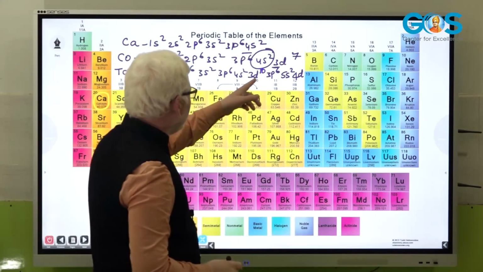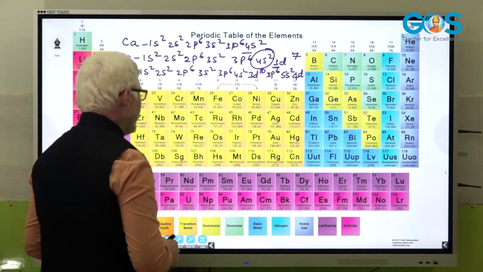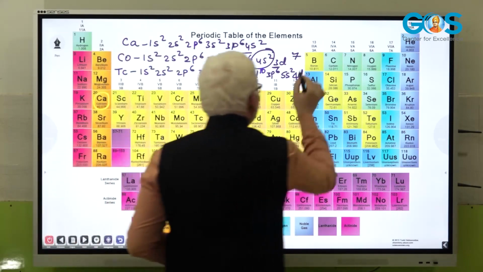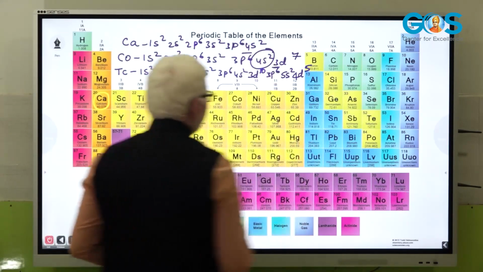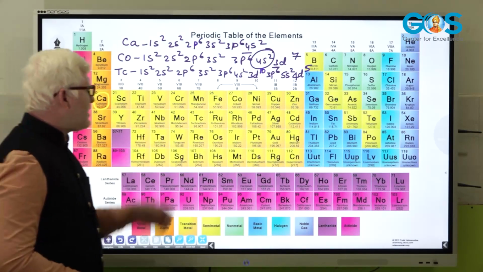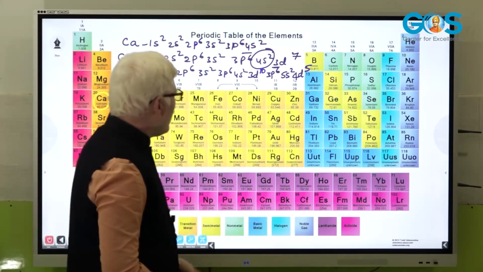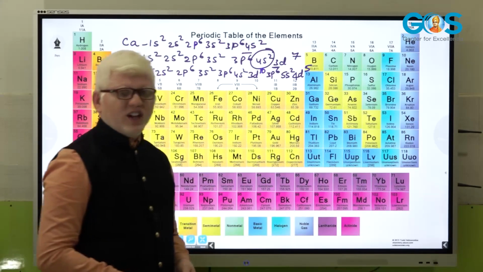Here 10, 30, 36, 38, and 38 plus 5 is 43. That is 4d5. Once you observe, the 43rd electron is entering the 4th orbit, but the last orbit is the 5th orbit, 5s2.